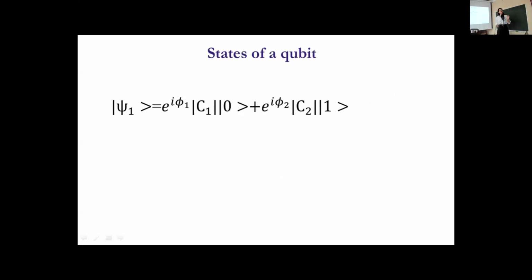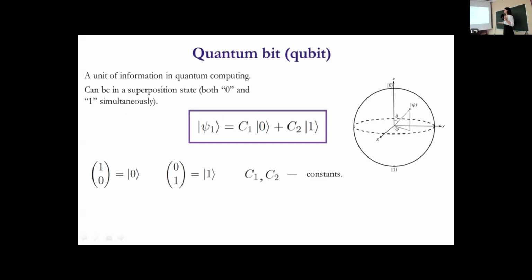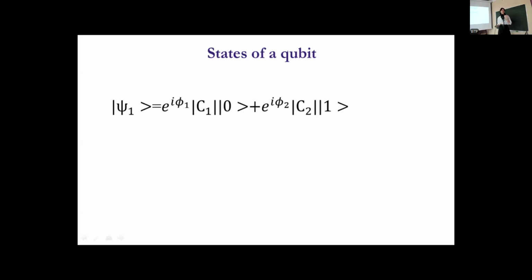As I said, these constants, C1 and C2, are complex constants. So we can rewrite them in the following form. We have the absolute value and we have this exponent, so we have this phase. And we have the same expression as was here, but rewritten in another way.